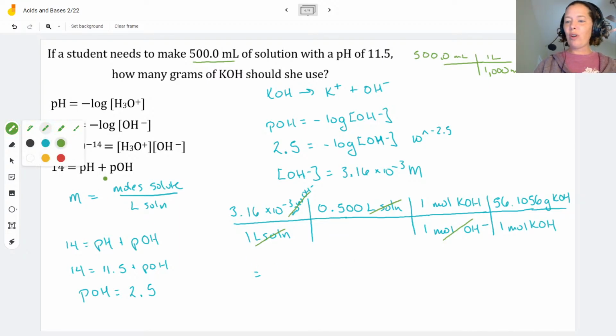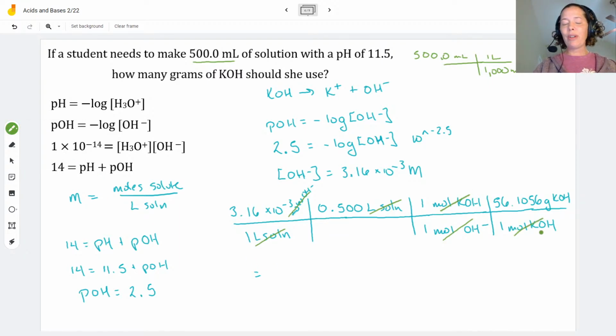Okay, and just to show, my moles of potassium hydroxide have canceled. So now I have calculated grams of potassium hydroxide. That's exactly what the problem wanted me to calculate. So all I have to do now is put this in my calculator, which I have done. I have that answer. Where is it? Here it is.